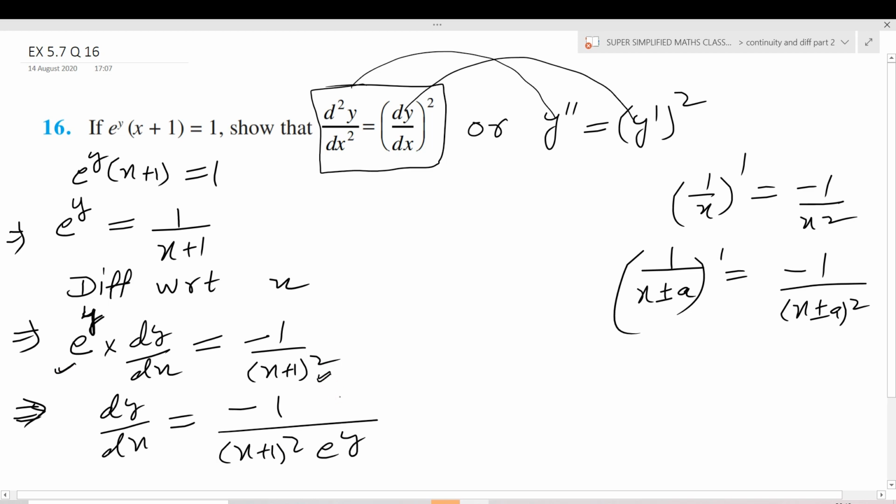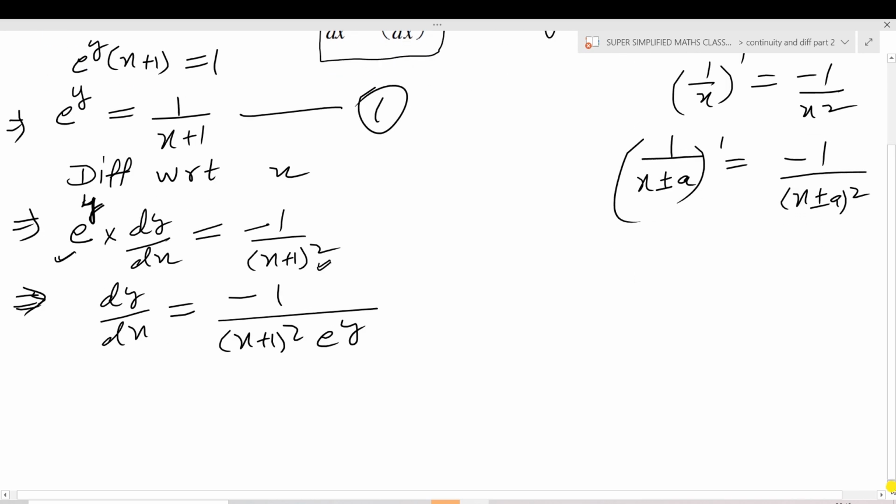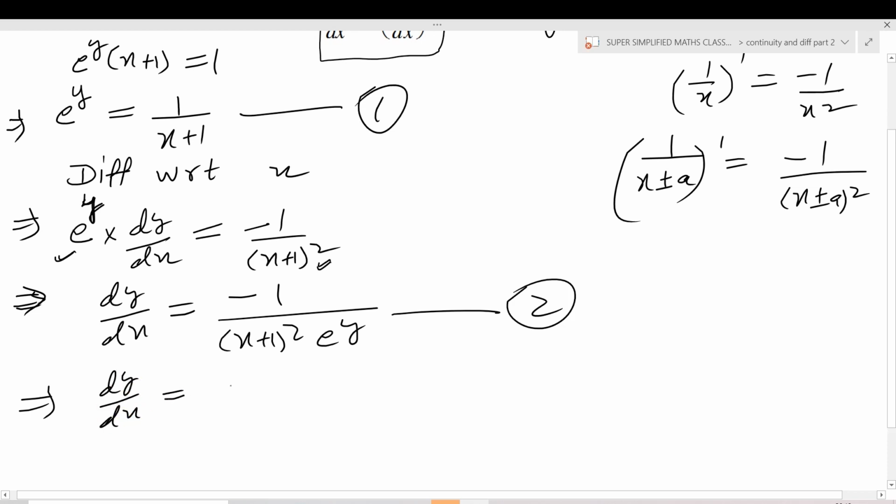Now I see equation number 1. From equation number 1, I substitute the value of e^y here in equation 2. So what do I get? I get dy by dx is equal to minus 1 upon (x plus 1) whole square, and the value of e^y is 1 upon x plus 1, that is 1 upon x plus 1 moves in the numerator.